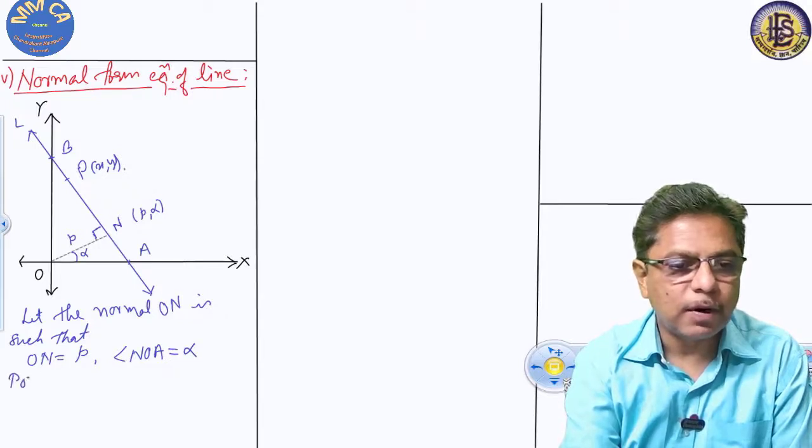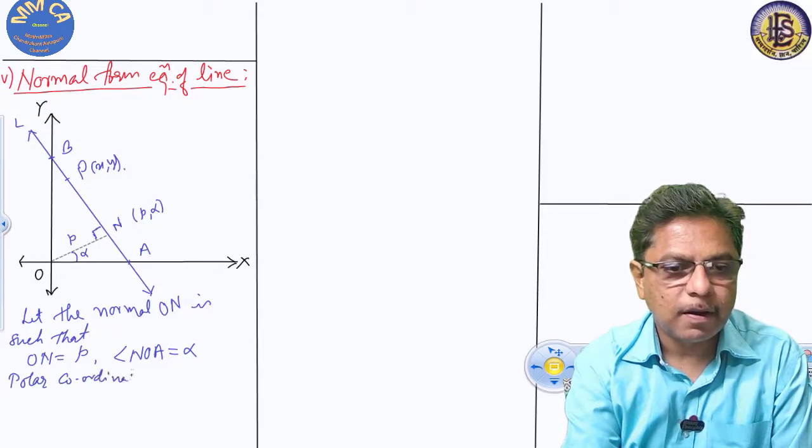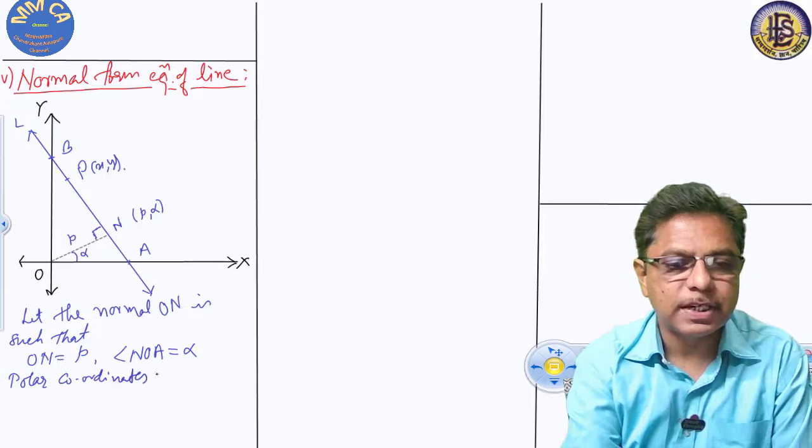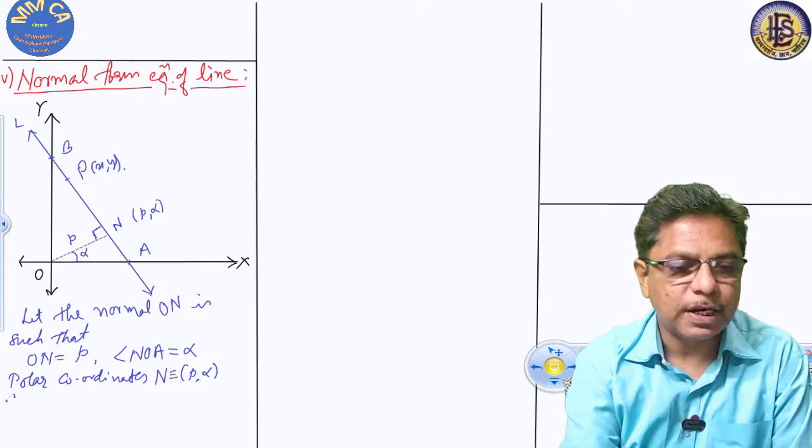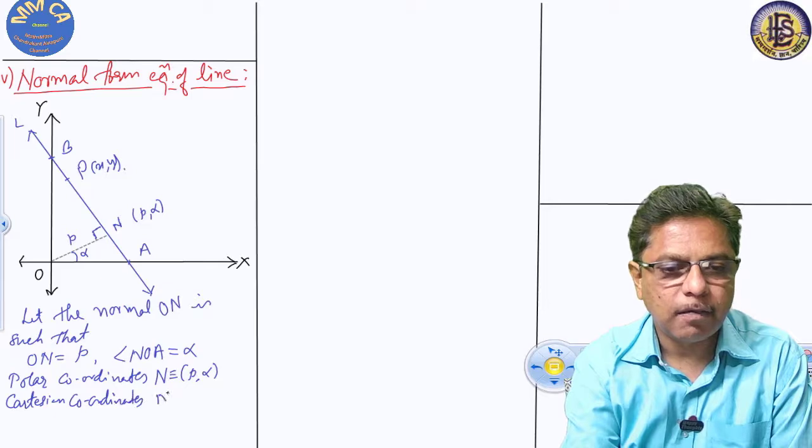Then polar coordinates, already we are familiar with the polar coordinates, r, theta of this point N will be p, alpha. And using polar coordinates, we can write its Cartesian coordinates, that is the x, y coordinates of N.